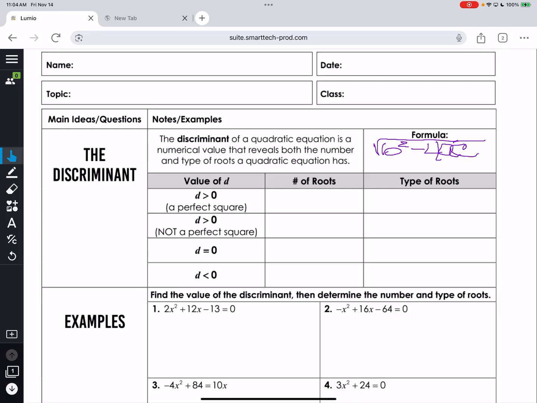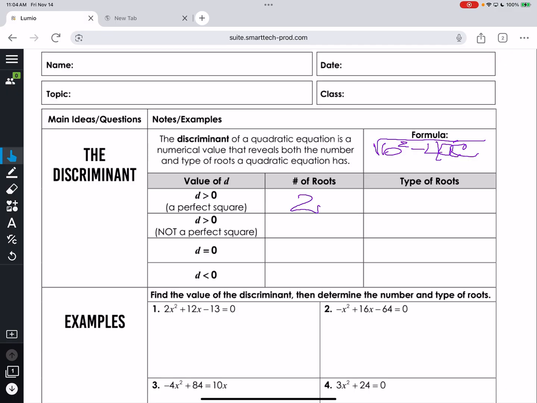Now, when we work it, that means we're taking 4 and multiplying it by your a and your c, and then finding the perfect square of b and combining, whether we're adding or subtracting. If we end up with a perfect square under here, like 25, and we can say it's a 5, then this is a hard, fast rule: you are going to have 2 roots, where it crosses the x-axis.